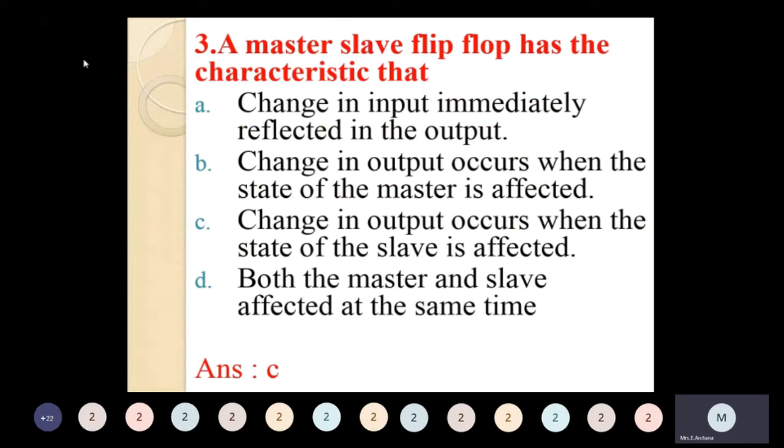The third option, change in output occurs when the state of the slave is affected. The fourth, both the master and the slave are affected at the same time.